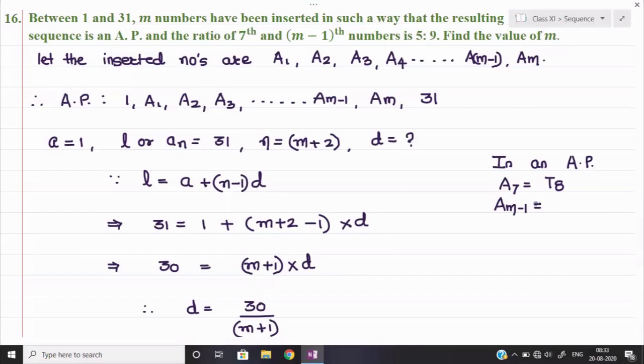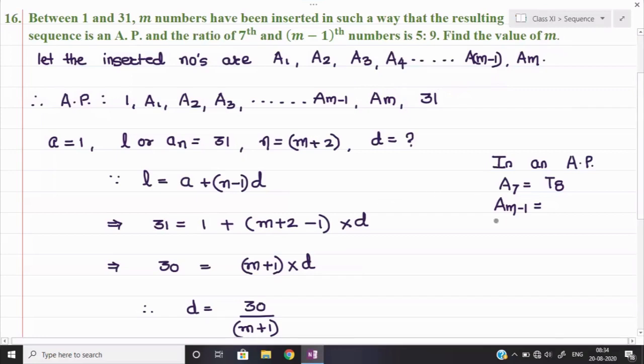So if the total numbers are m plus 2, as we have taken here, and if I say the last term denotes m plus 2, then the second last term will be m plus 1, and the third last term will be the mth term.